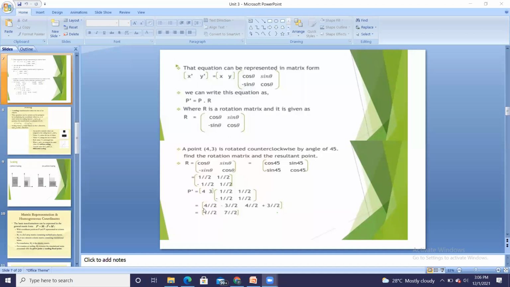So that is your resultant point after rotation. Okay. So this is how we are going to solve the problem on 2D rotation. So I will give you one more problem on this.